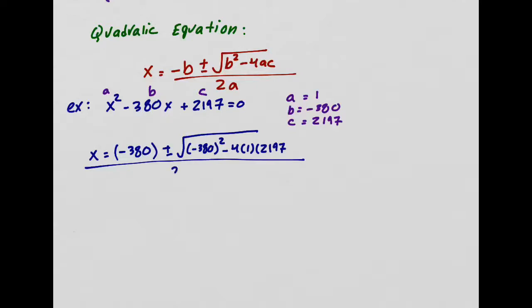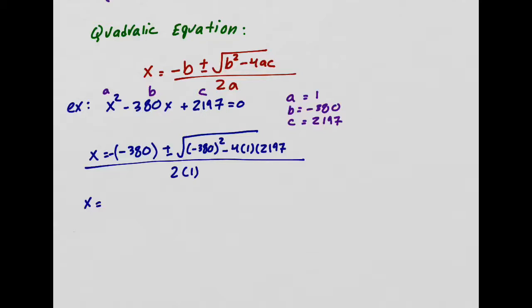A is my 1, so 2 times 1. So far so good. All right, x is going to equal, oh shoot, I forgot to put a minus here, right? Because it's minus b, and then negative 380 is my b. You guys all follow that? I didn't lose anyone? Okay.